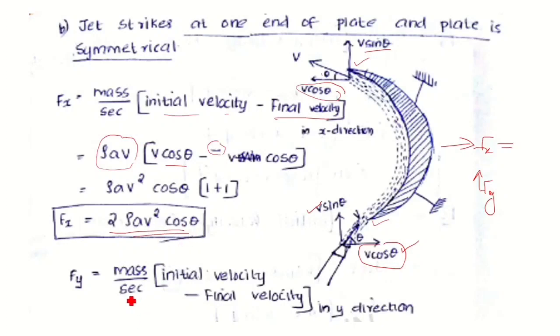Next we are finding the y component of the jet force. So mass per second into initial velocity minus final velocity. The initial velocity with which the jet strikes the plate is v sin theta, and the final velocity with which the jet leaves the plate is v sin theta itself.